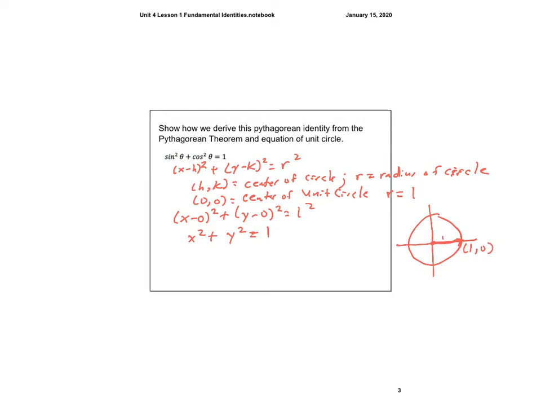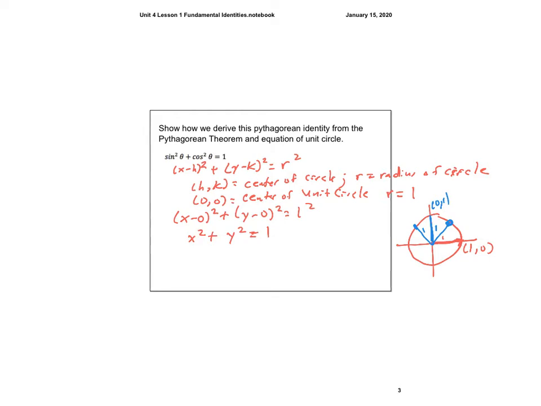And up to here, remember the ordered pair is (0, 1). Well, this distance is 1. And anywhere on the unit circle, you're going to find that the radius is 1. These are all 1s.